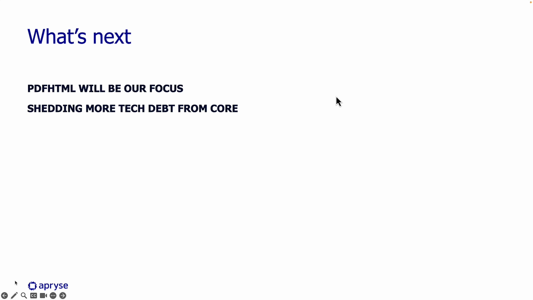This is the add-on that allows you to consume HTML, CSS, and have PDFs created automatically from that. So our focus will be on making that particular add-on much better, as well as, and you have heard this theme during the webinar today, shedding more tech debt from our modules so that we can easily move into the future, taking requests from our customer base and making them real.